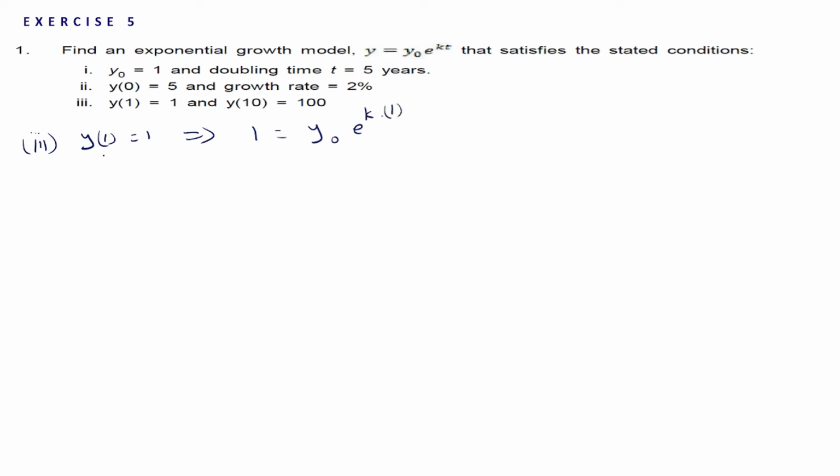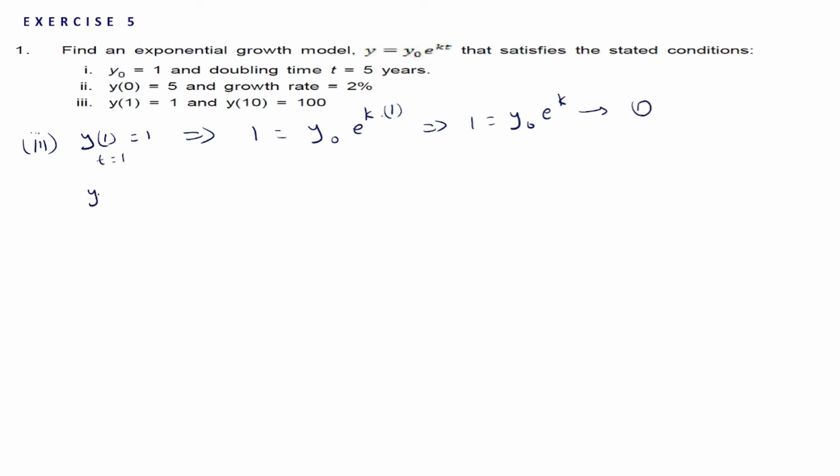That is, here y of 1 equal to 1 means t equal to 1. At t equal to 1, y is equal to 1. Or we have 1 is equal to y naught into e raised to k. So let us mark this as equation 1.